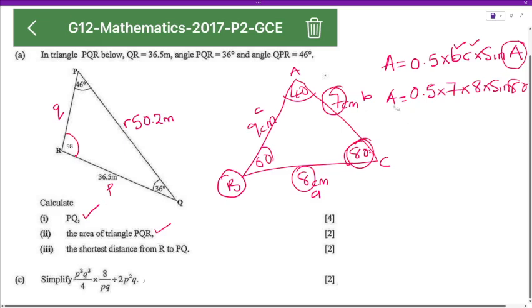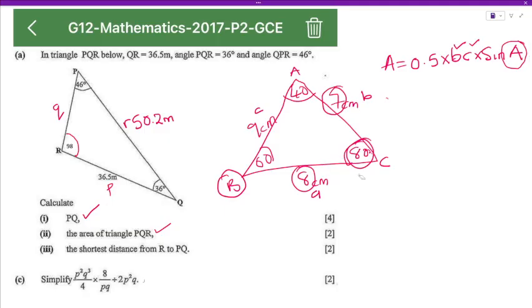If you didn't choose those sides, let's say for example you chose the other sides, let me just create some space, clean up here. Let's say you're going to pick side c and side a.